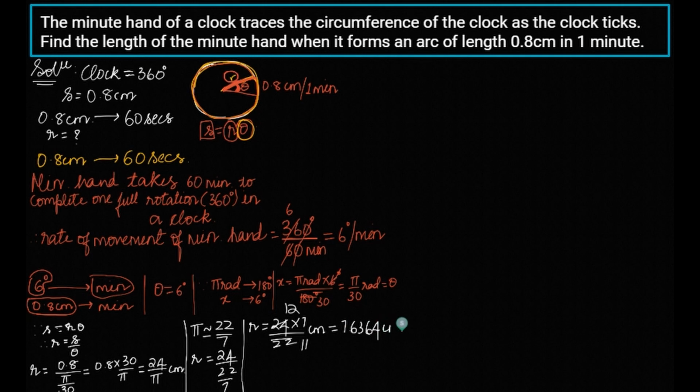So therefore the radius of the circle is equal to 24 by pi centimeters, which is approximately equal to 7.6364 centimeters.